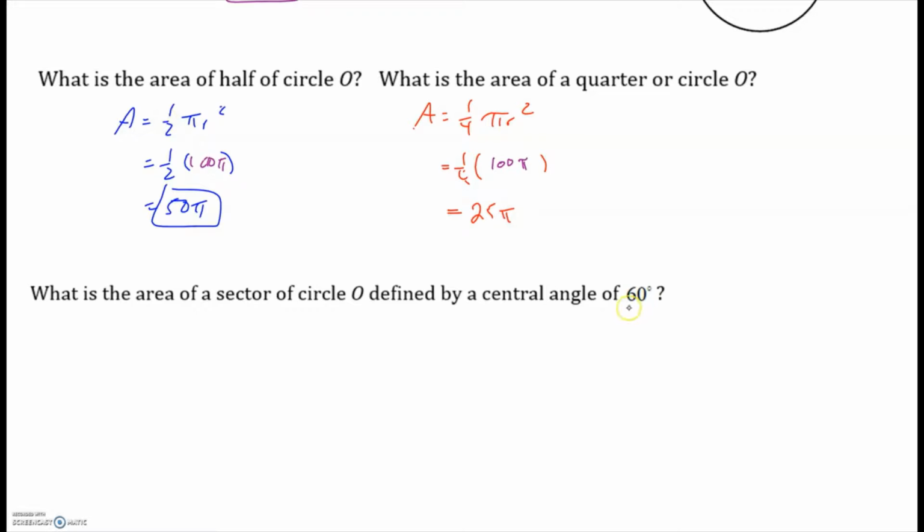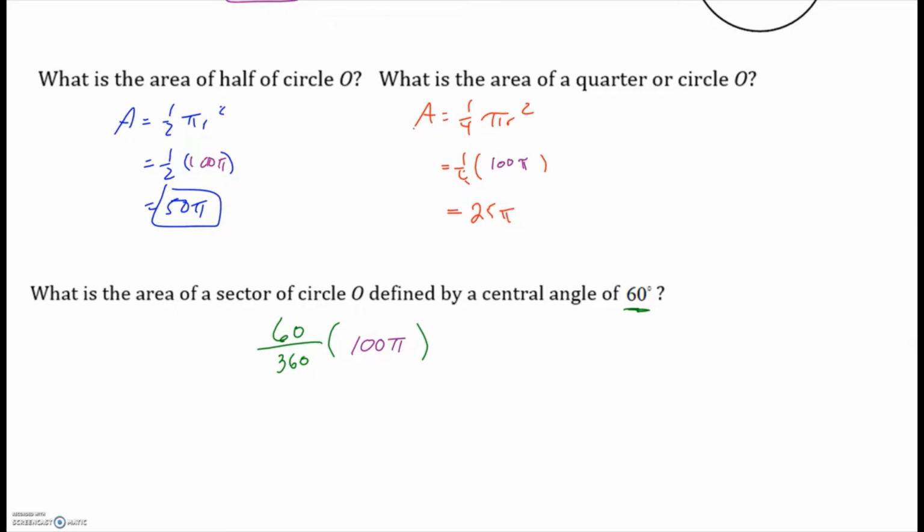What fraction of that is the whole? Well, in a circle, the whole circle is how many degrees? It's 360 degrees. So I simply take the 60, divide by 360. That is our fractional amount. And then, just like all the other ones, we multiply that by whatever the area was. And the area of the whole thing was 100 pi.